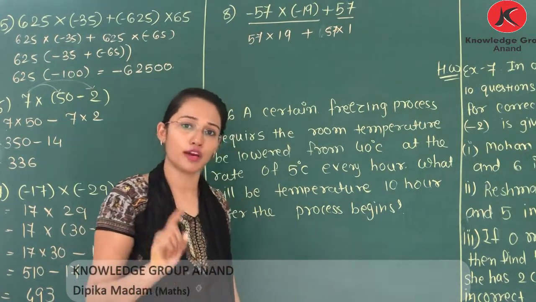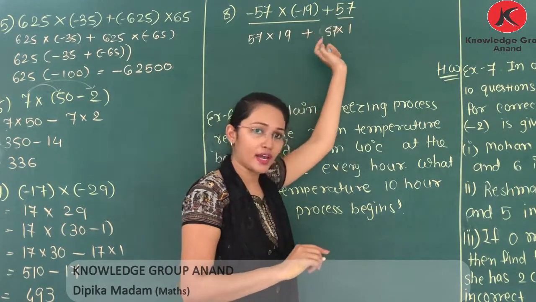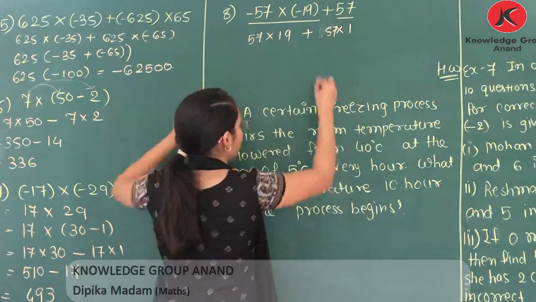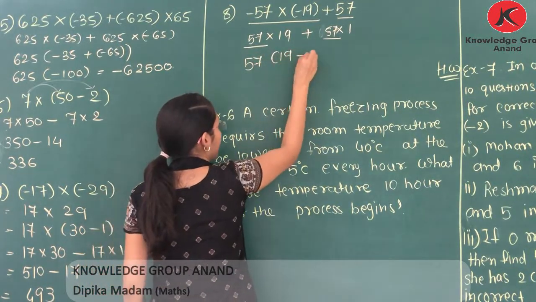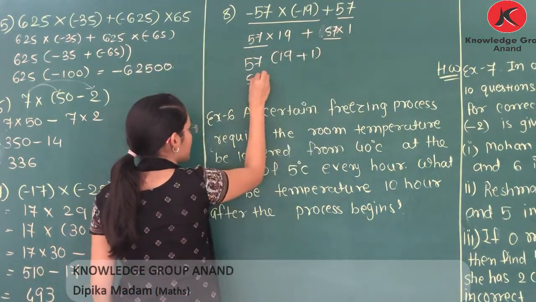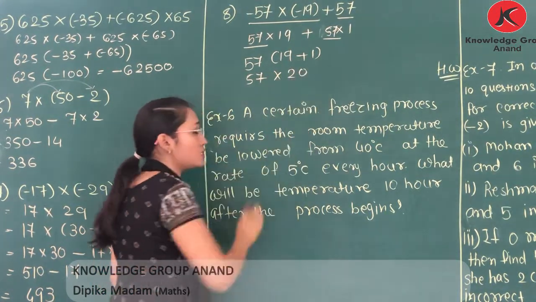57 ones are 57. So we can write 57 ones. Now 57, 57, take out common into bracket 19 plus 1. So 57 into 20, since 19 plus 1 is 20.